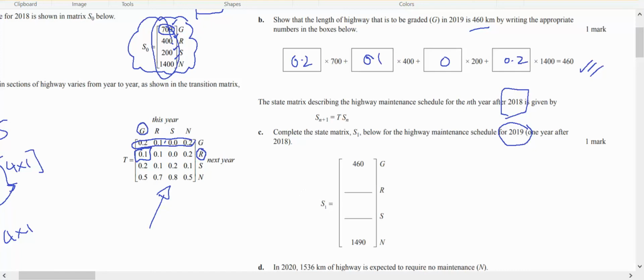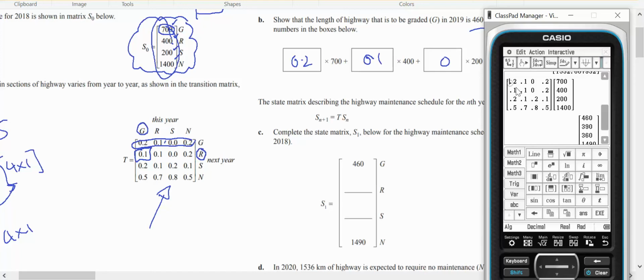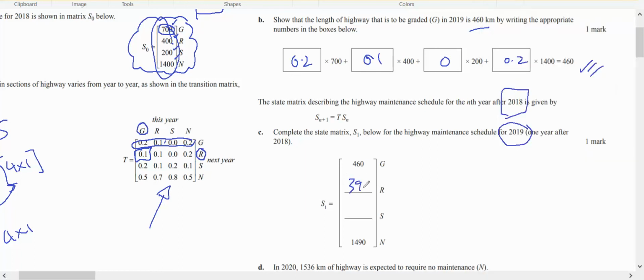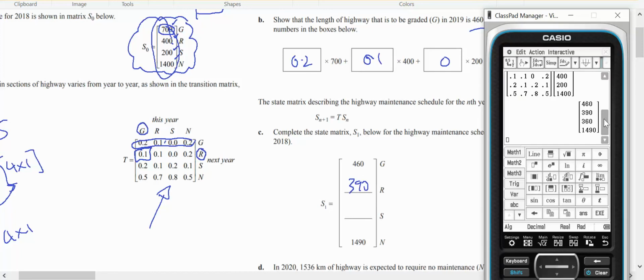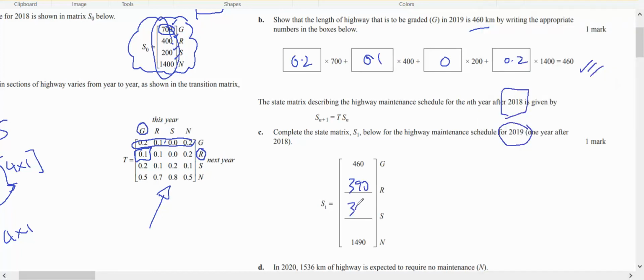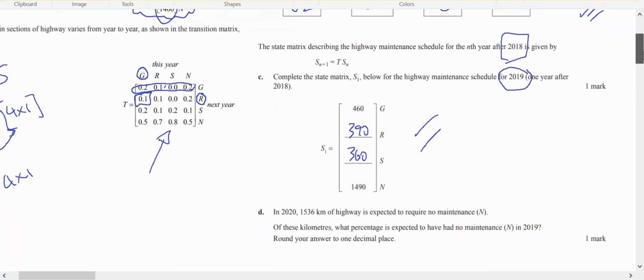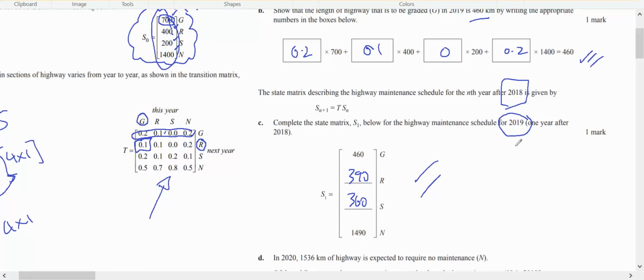So if I bring up my calculator, here is my matrix, I press enter, and 460, 390, 360, and 1,400. Complete the table, so we've completed the table. So what I did, to get 2019, I apply this once to that. To get 2020, I apply this twice to that.